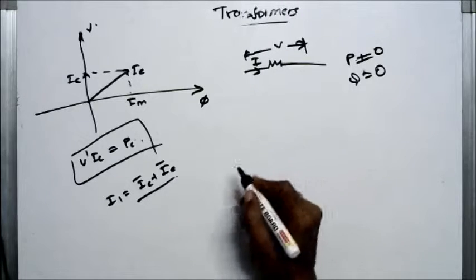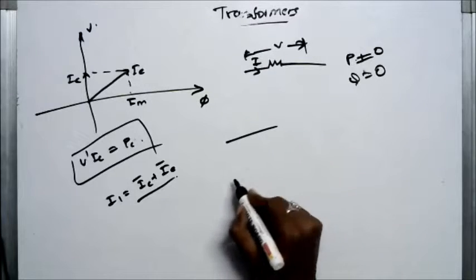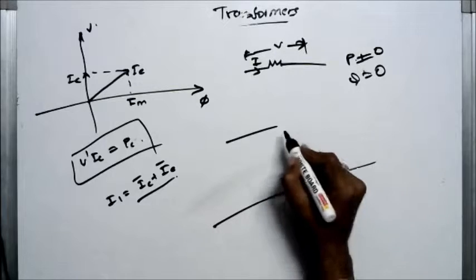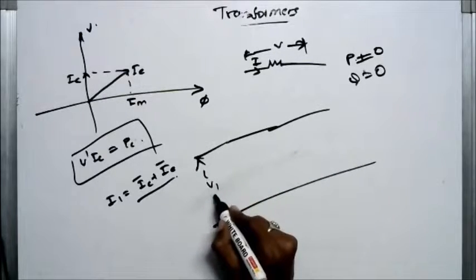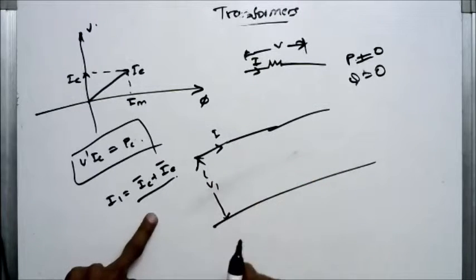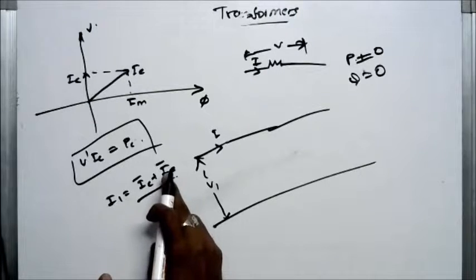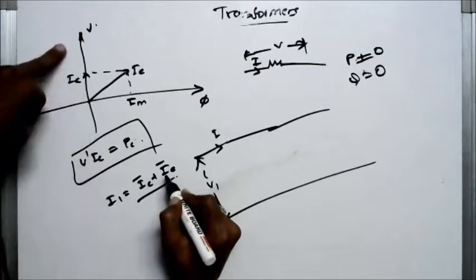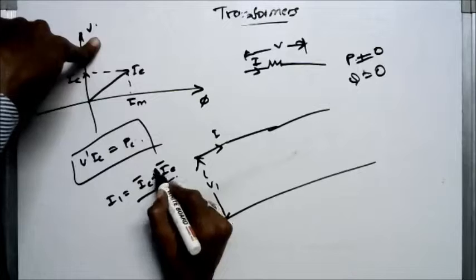Okay. I will draw the equivalent circuit for this no load condition. That is, this is V1, the applied voltage. Here I1 is the sum of the core loss component and the excitation component. This excitation component is 90 degrees lagging to the voltage, so we can put j.